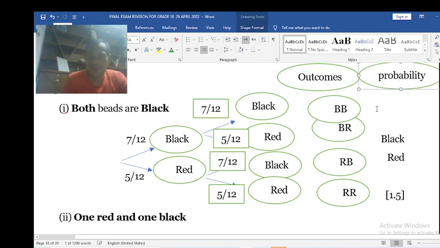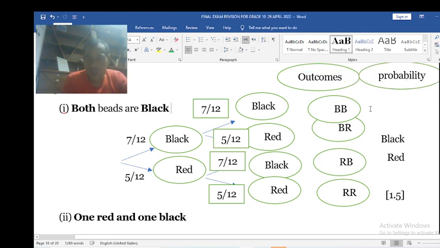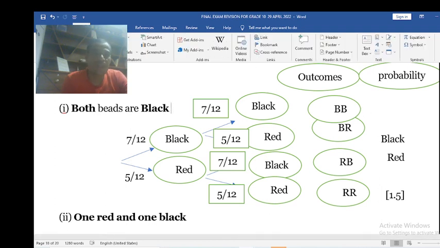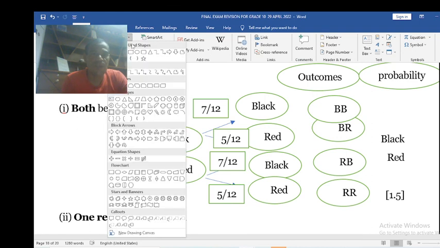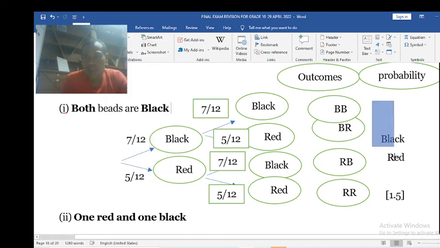Okay, now we'll write here their probability. What is it? I will insert this one to show you.